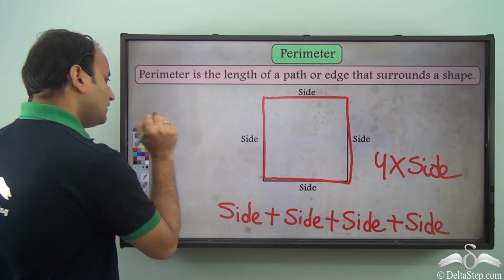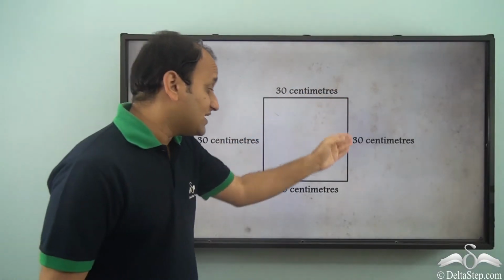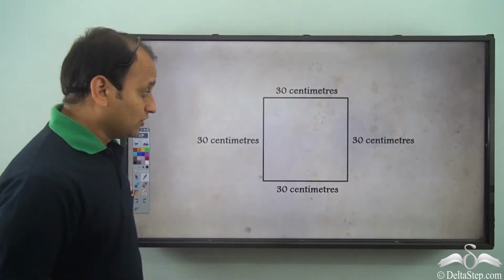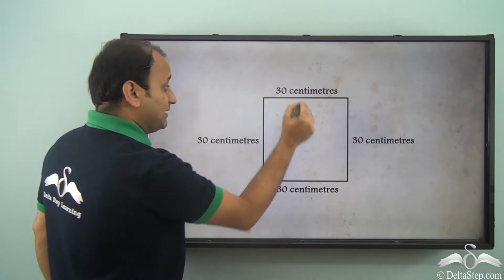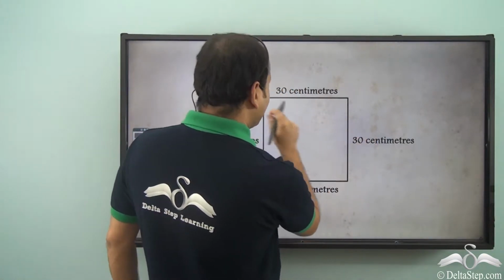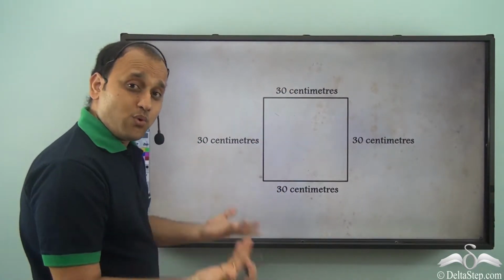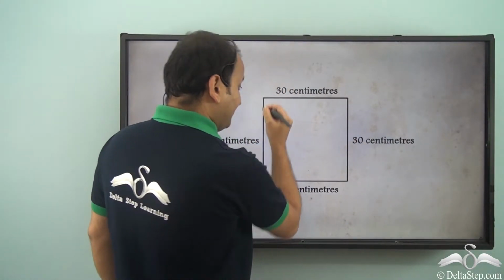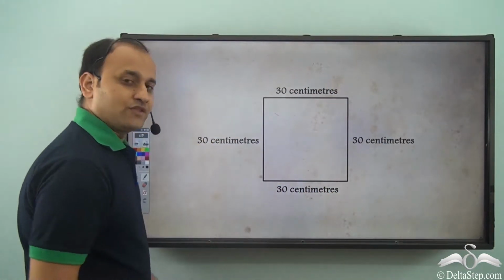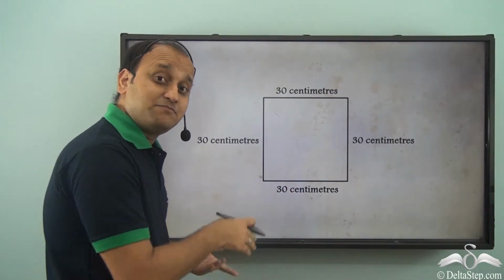So in the case of Ravi, he had cut squares of side 30 centimeters. So each of the sides will be 30 centimeters long, isn't it? So he needs to calculate the amount of ribbon required for each side, that is for one square, how much ribbon will he need? So in this case we have 30, 30, 30 and 30. Now we know that perimeter is side plus side plus side plus side.